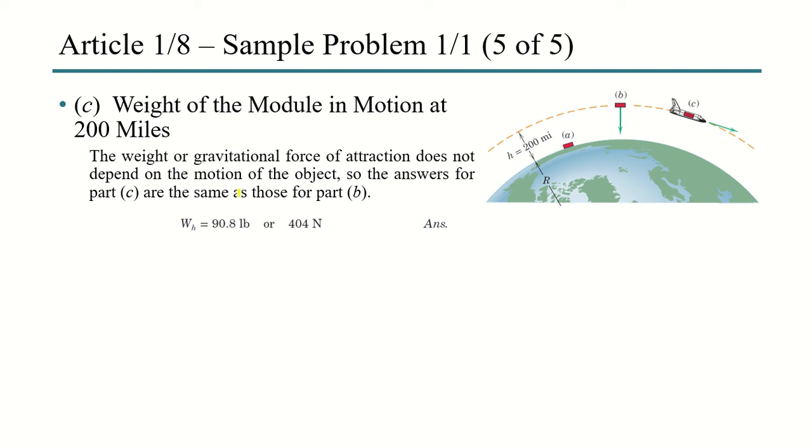So the answer for part C is just the same as for part B, that is also 90.8 pounds or 404 newtons. That's the reason, class. That's why the result of part B is just the same for part C.